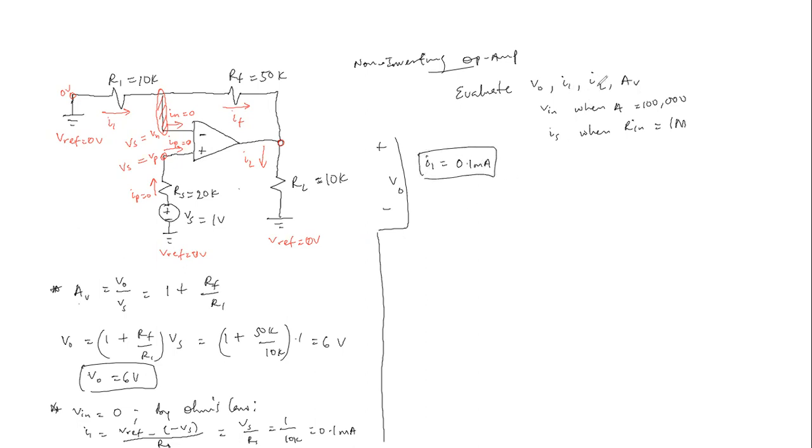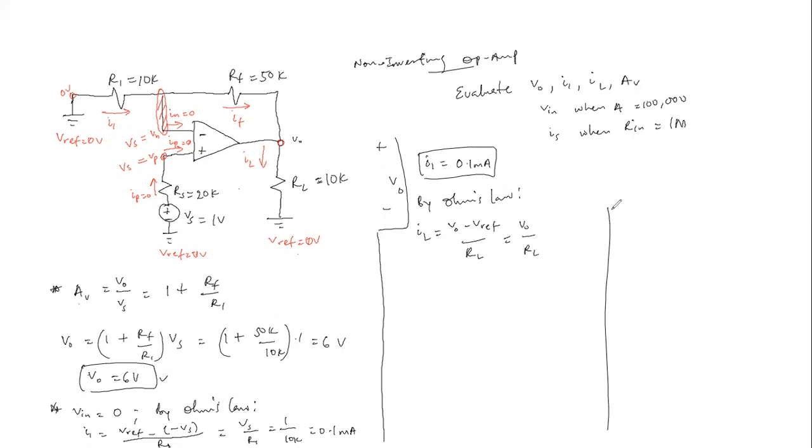Now the next point here is I sub L. By Ohm's law, I sub L, this is V naught with respect to the reference voltage. So I sub L will be V naught minus Vref divided by RL. This should be the same as V naught, because Vref is 0, divided by RL.